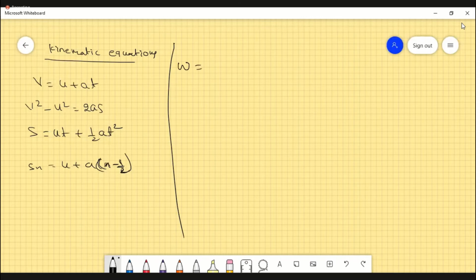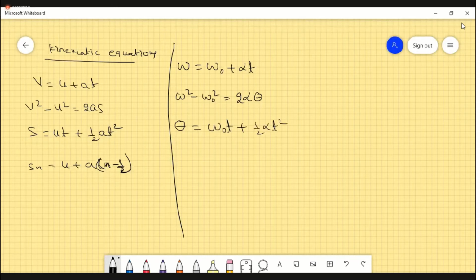Omega equals initial velocity omega naught plus alpha t. Omega square minus omega naught square equals 2 alpha theta. Theta equals omega naught t plus half alpha t square.